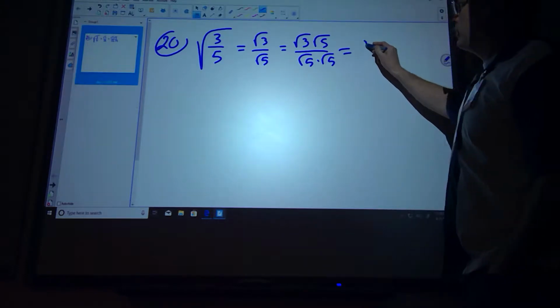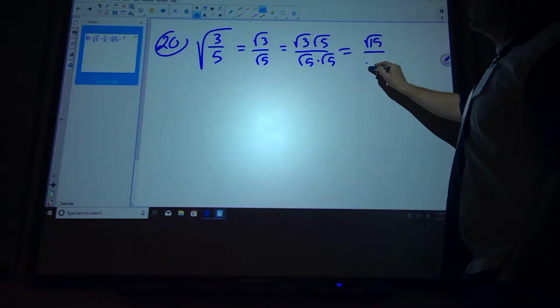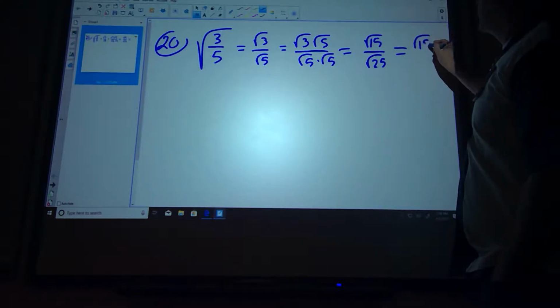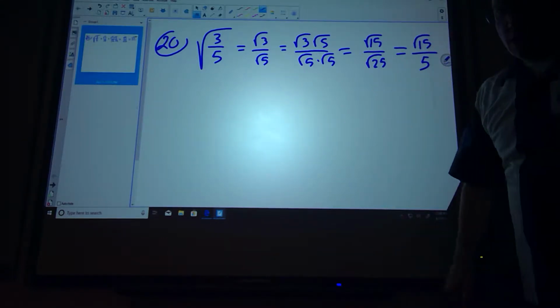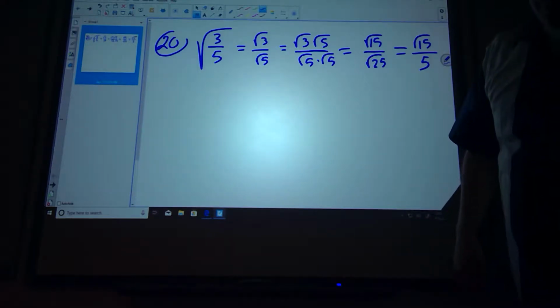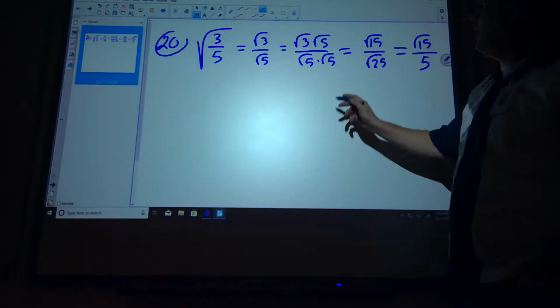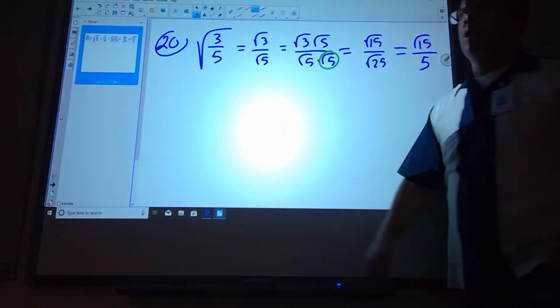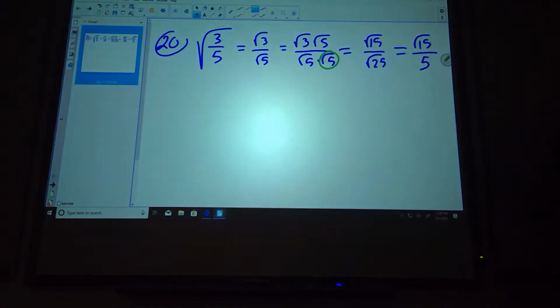So that gives me root 15 over root 25, which then gives me this. Okay, so, oh, found the error. Here was where the error took place. They didn't multiply that on bottom. Okay.